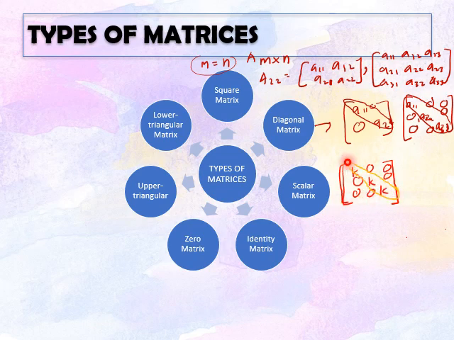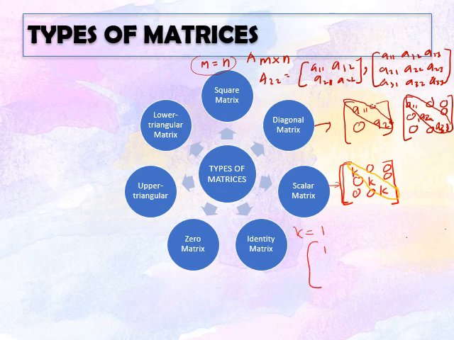So this is called a scalar matrix, a diagonal matrix where the diagonal has the same values. Identity matrix is actually a scalar matrix, but k is equal to 1.